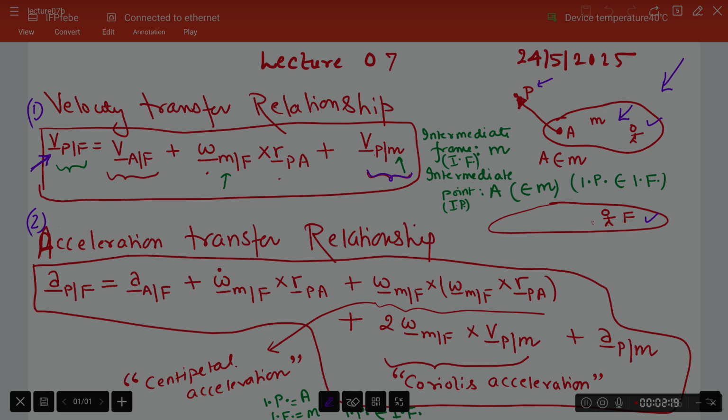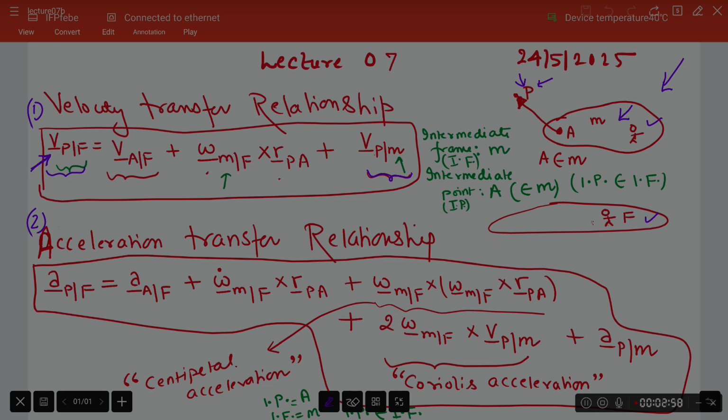So the importance of the intermediate frame here is that somehow we know the velocity of the same particle P with respect to the intermediate frame M, and we want to transfer that information to enable us to find or ascertain the velocity of the same particle with respect to F.